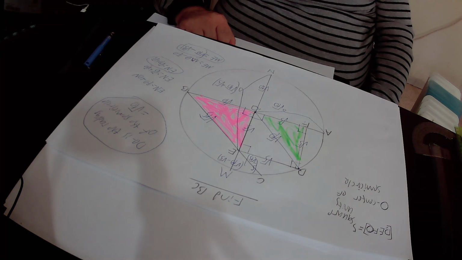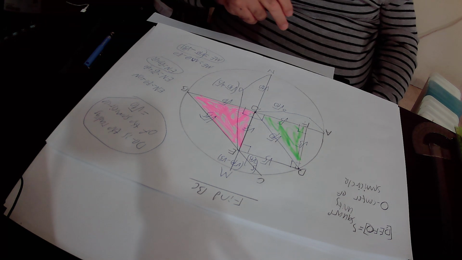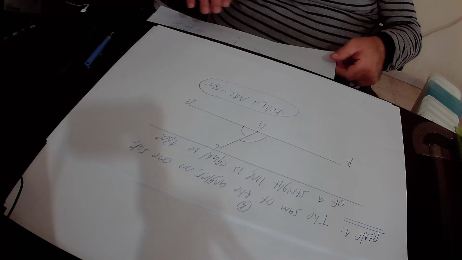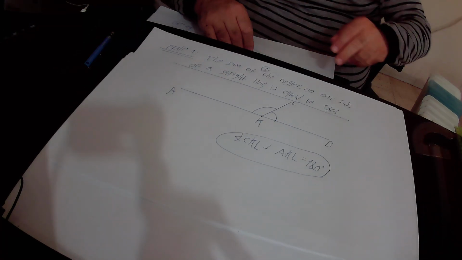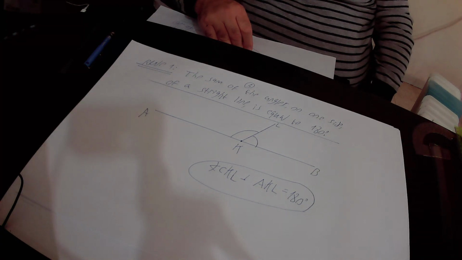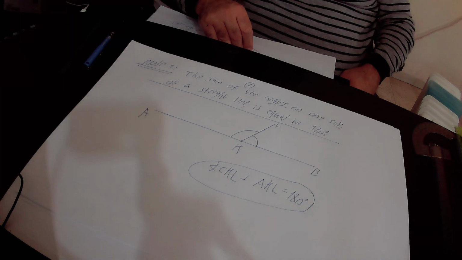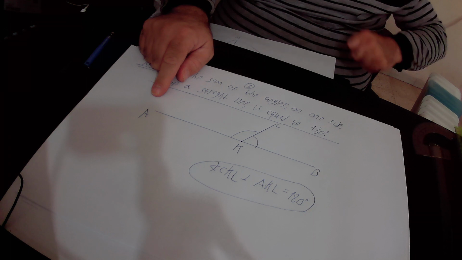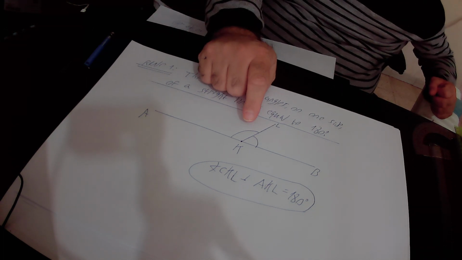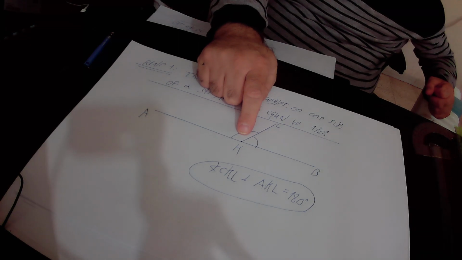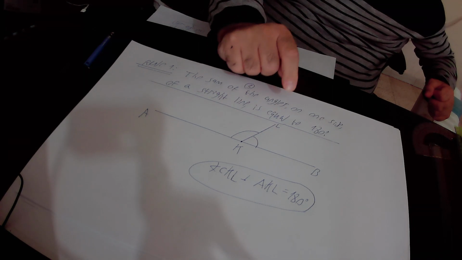Then I presented to you a new rule, and we implemented the new rule in our drawing. According to the new rule, the sum of the angles on one side of a straight line is equal to 180 degrees. So if AB is a straight line, we choose any point on the straight line AB, for example point K, and we have here side KL.